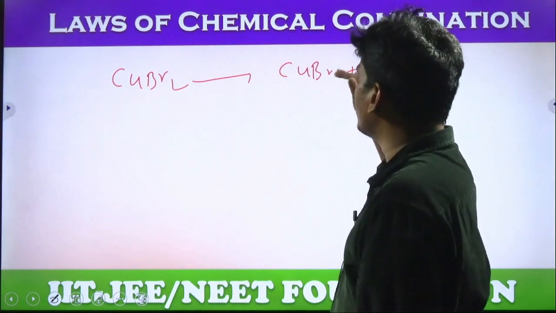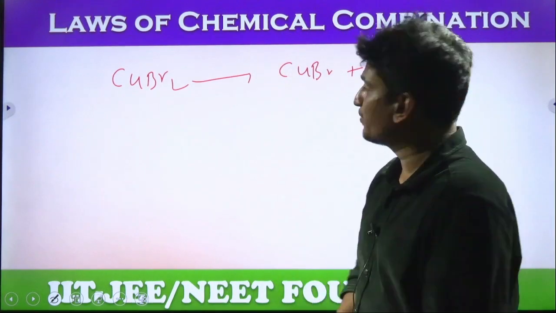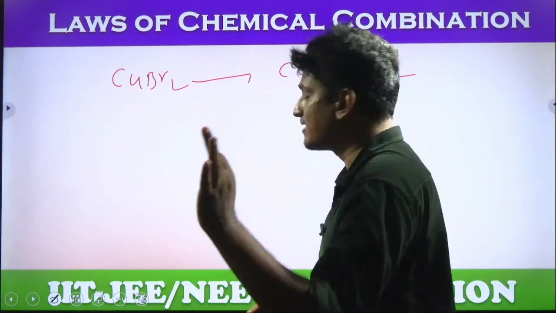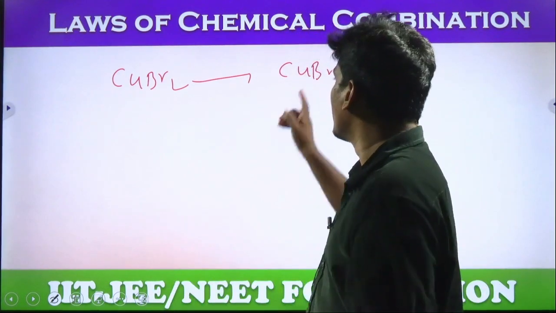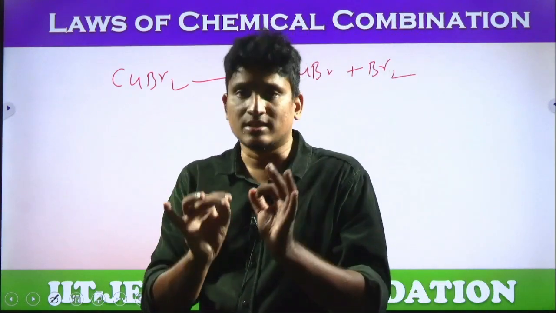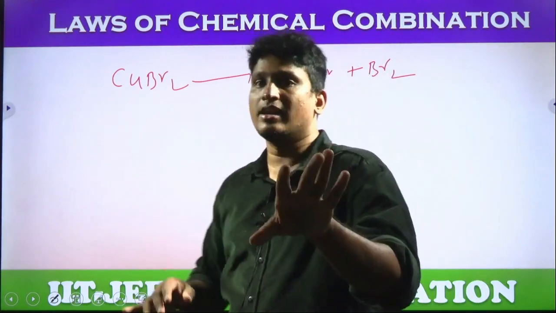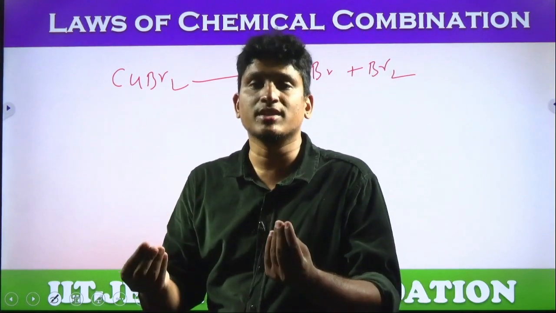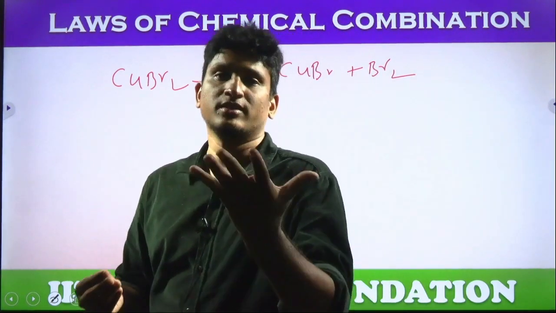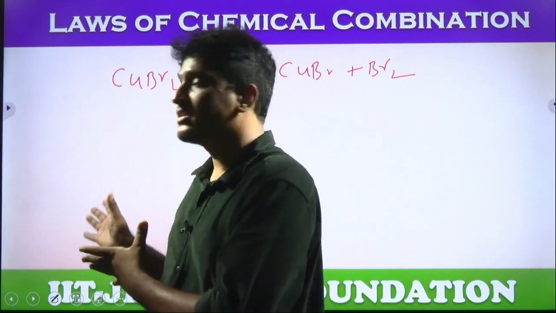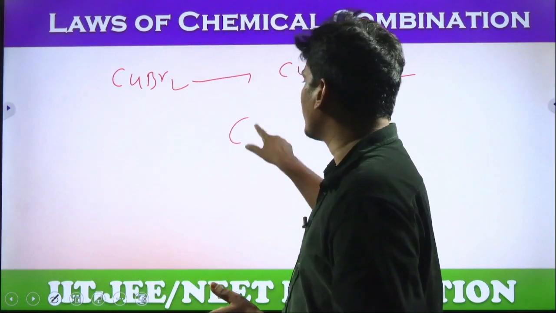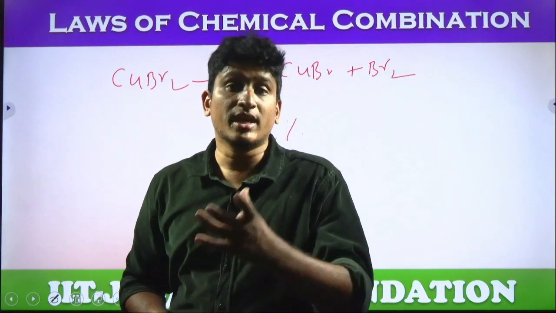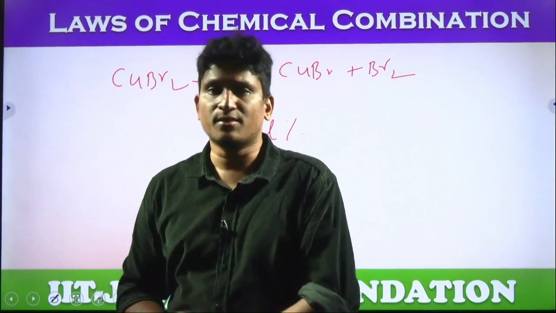Again, by the action of cuprous bromide with nitric acid, one of the best oxidizing agents, copper becomes copper oxide. Why am I explaining all this? I'll tell you, just wait. When this copper oxide is treated with hydrocarbons, ultimately we will get pure copper. Ultimately, why are we doing all these reactions? To obtain pure copper, and some carbon dioxide will be released. Yes or no? Now we can weigh the mass of copper or not.